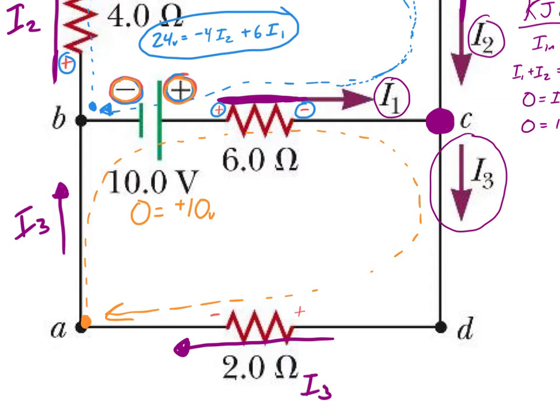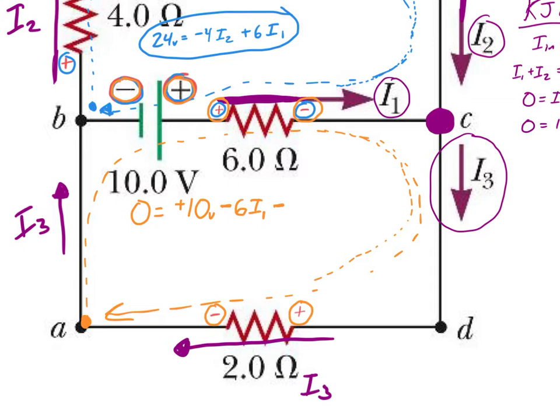Keep on going. Next, we're going from the high side to the low side. That's a drop in voltage. And it's a drop in voltage of 6 ohms multiplied by I1. I'm going to keep on going around. And we get to the high side to the low side. That's a drop in voltage.